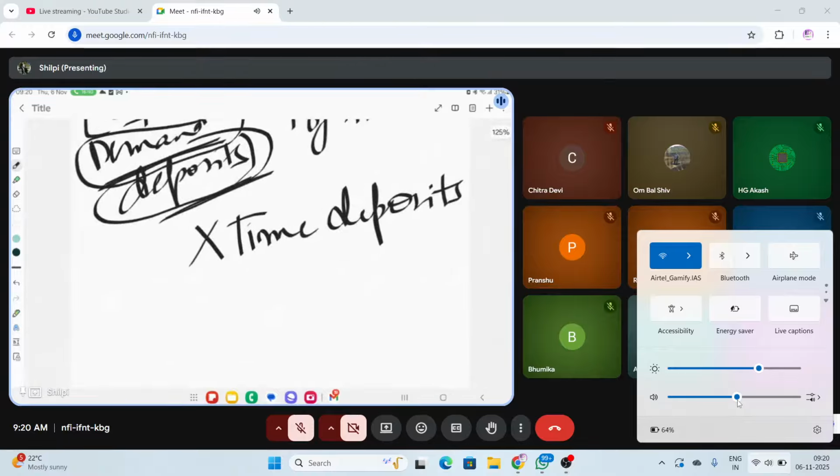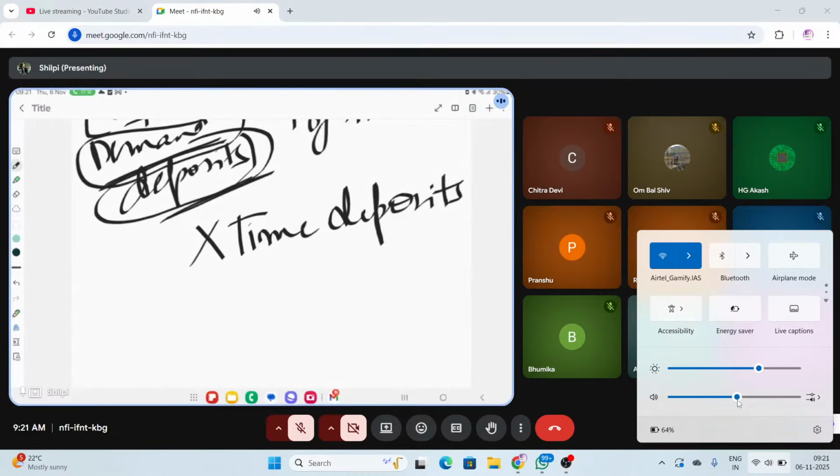Can anybody tell me the difference between demand deposits and time deposits? Anyone? Ma'am, demand deposits are your current account and savings account.